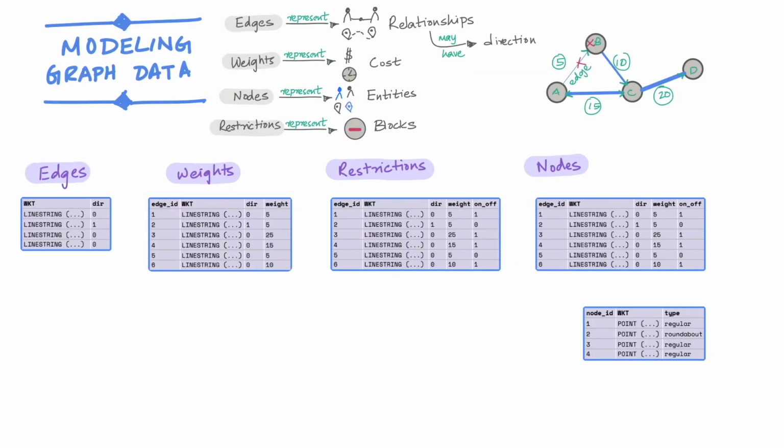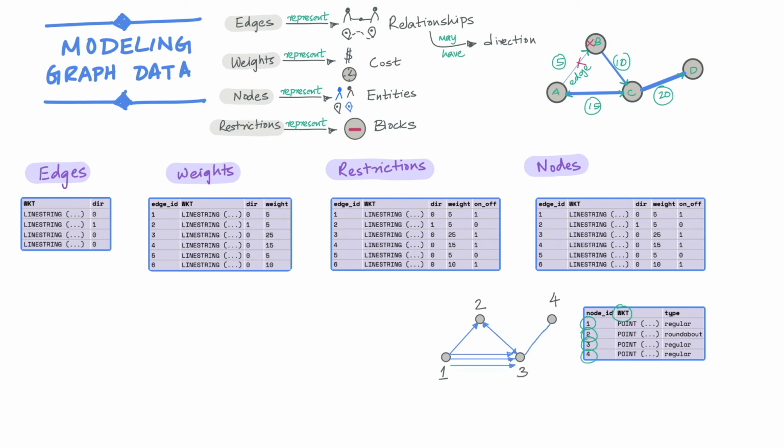This time we have 2 tables, one for edges and another for nodes. The table for nodes contains the WKT point that explicitly identifies a node and some additional information about the type of node, which in this case is either regular or a roundabout. Now using this new information, we can explicitly define these nodes instead of implicitly generating them based on the intersection of edges.